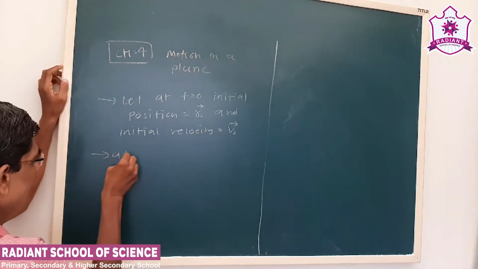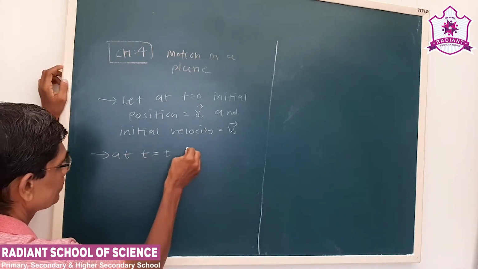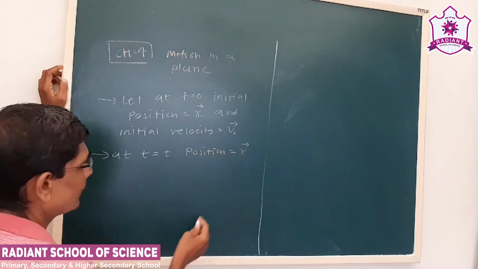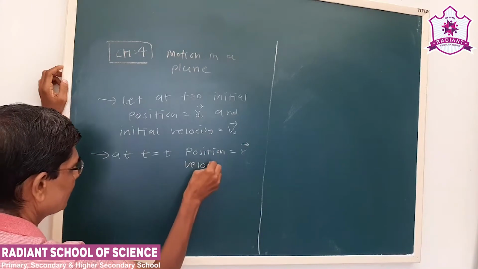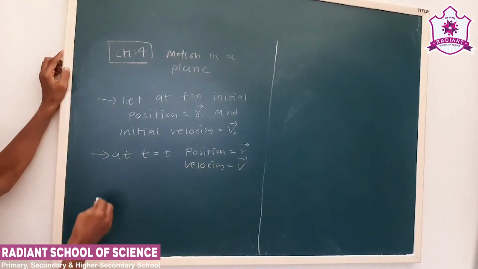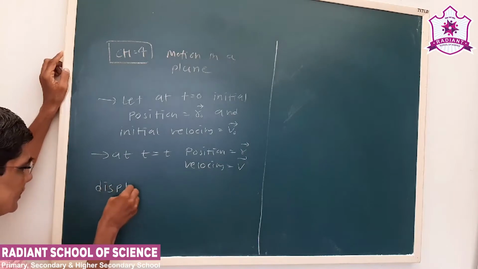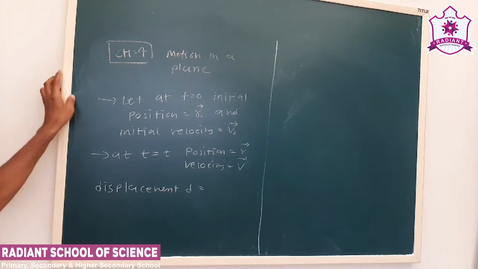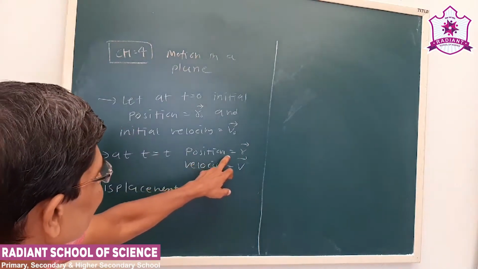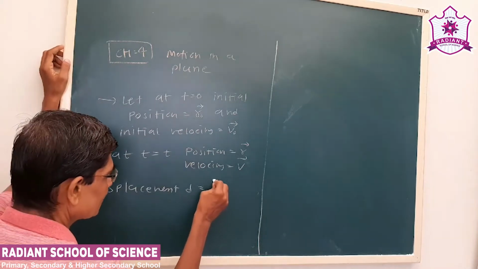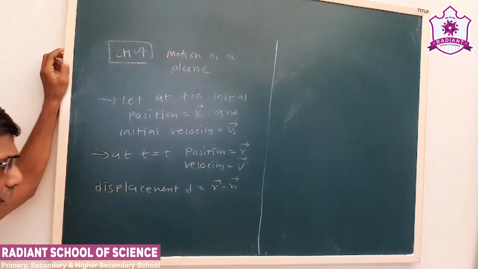Now at time t is equal to t, position is r and velocity is v. Now what is displacement? Displacement is change in position, that is final position, at t is equal to t, minus initial position, at t is equal to 0, that is r minus r0.